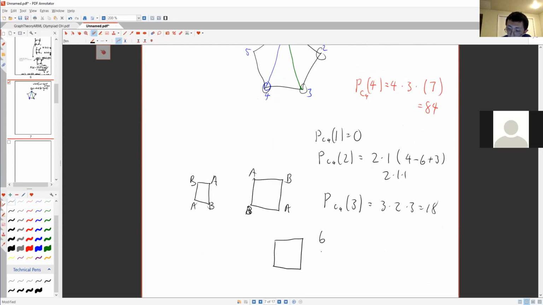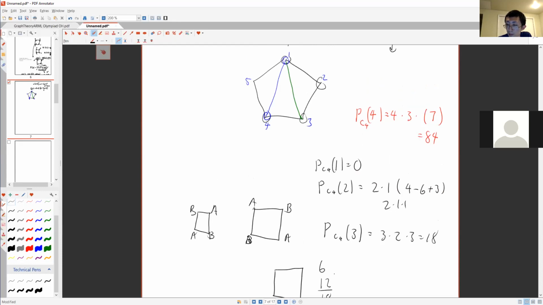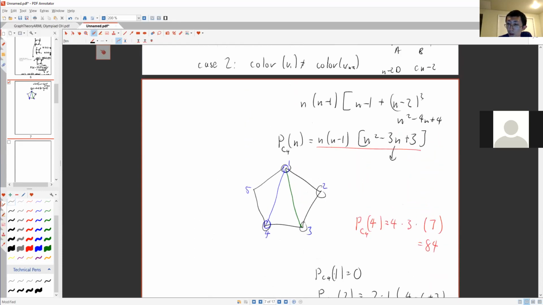If you use 3 distinct colors, then I think there's 12 ways. So we'll get 18. You can just do some casework and check. Check. Check.